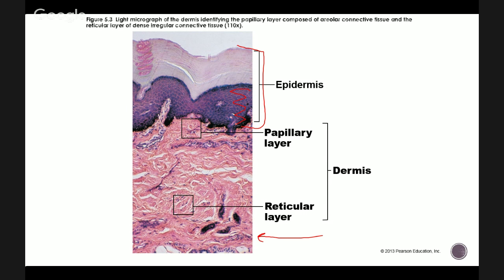We get that transitional layer, the stratum granulosum, which is right here. And above that, this light purple is pretty much the stratum corneum. The 2 colors of purple still are showing the epidermis.